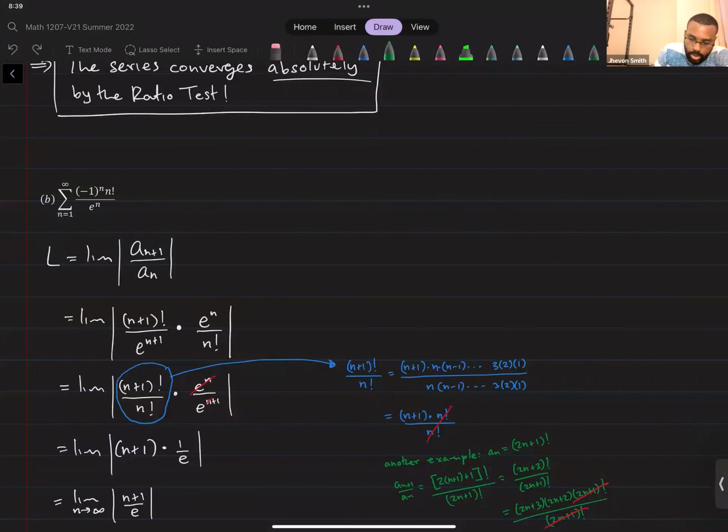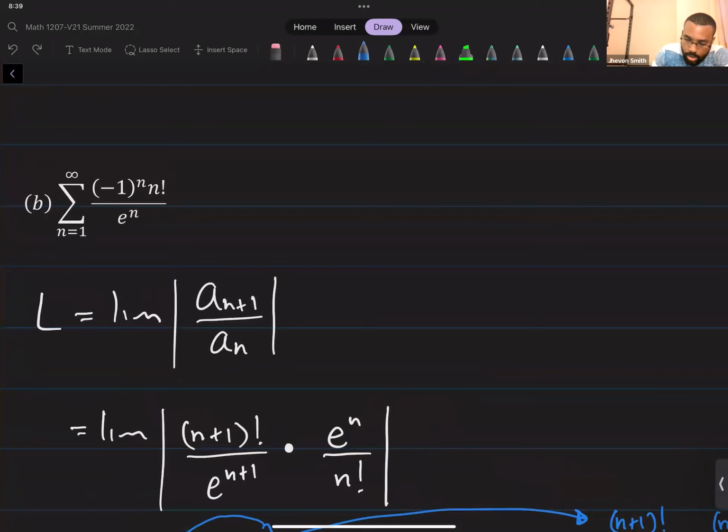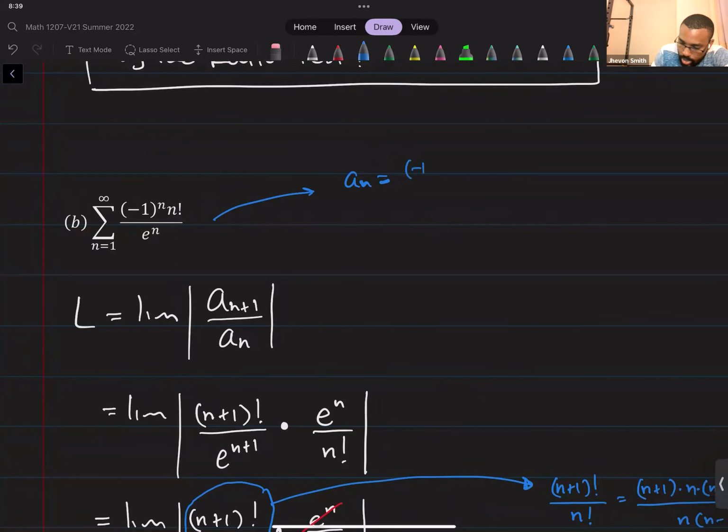So here your an is just the original guy. This is your (-1)^n over, well, I'll look at the an as the part without the -1. So this is just n factorial over e to the n. And so an+1 just means I go to that formula and replace all n's with n+1s. Everywhere I see n, I put parentheses and put n+1 inside.